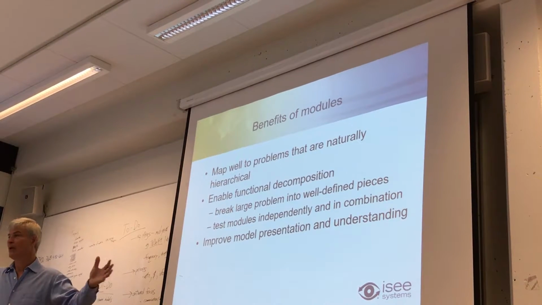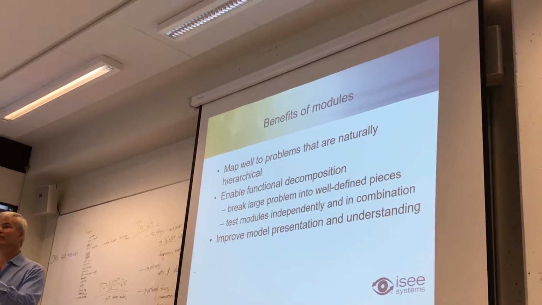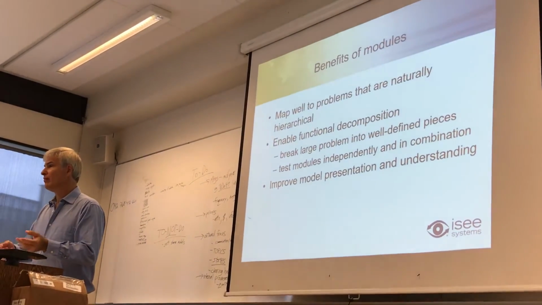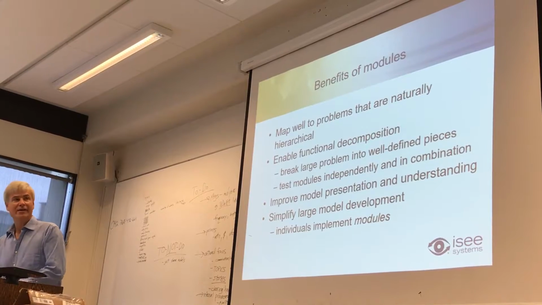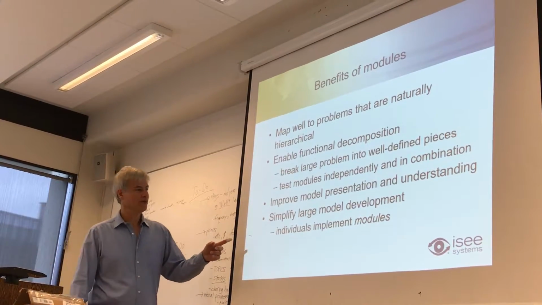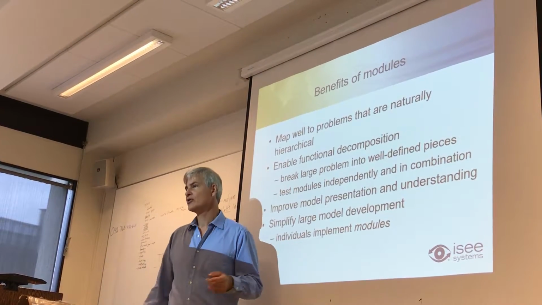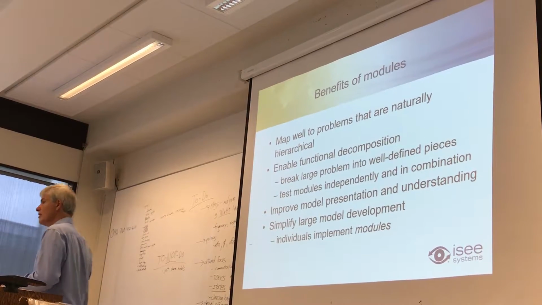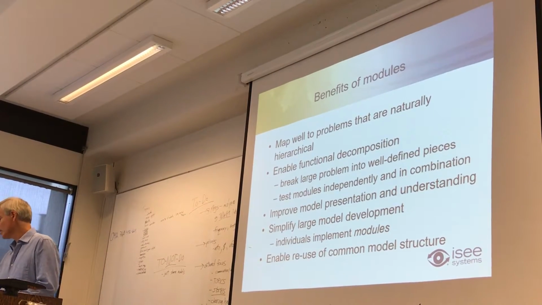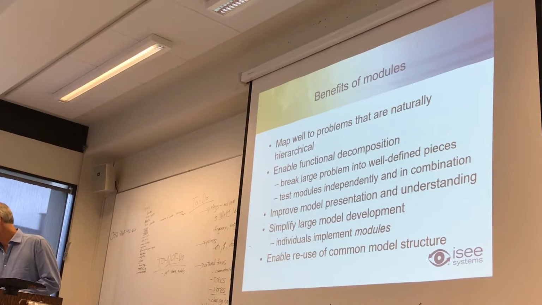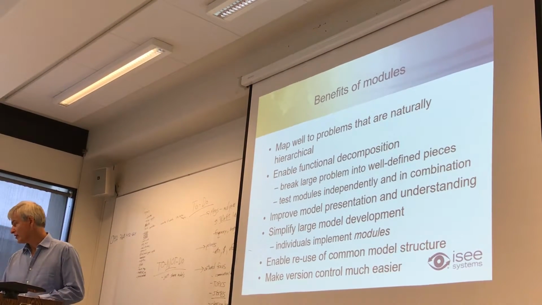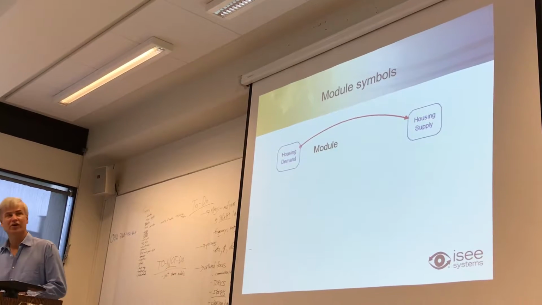Instead of seeing this, they can see, at a high level, this is what's going on. At a low level, this is what's going on. You can also break things up so that individuals can work on individual modules. You can do source control on individual modules. You can do regression testing on individual modules. And it also allows you to reuse common structure, which we won't be able to show today. We don't have time. I already talked about version control.